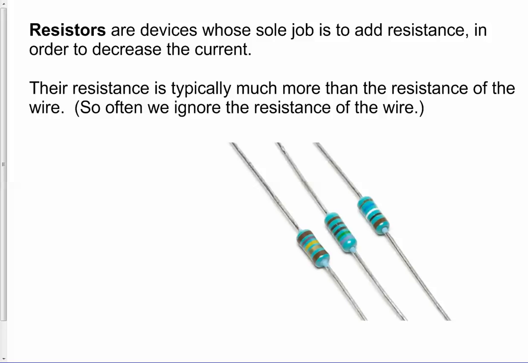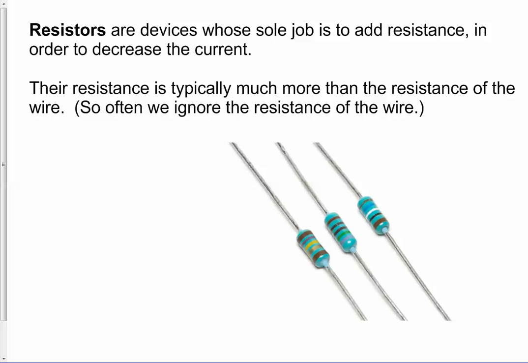And so if the wire itself is not doing the job because it has such small resistance, there are devices that are put into circuits whose job is simply to supply a good chunk of resistance, and they're called resistors. And you see this is actually what they look like. You can open up electronic devices and see things like this. And yeah, their sole job is to add resistance in order to decrease the current.